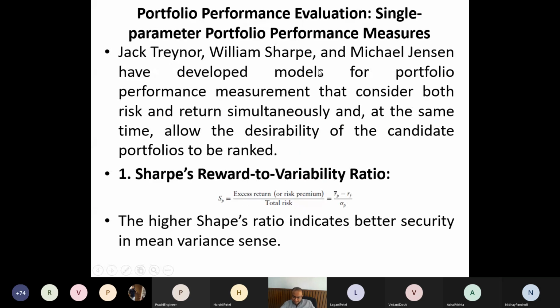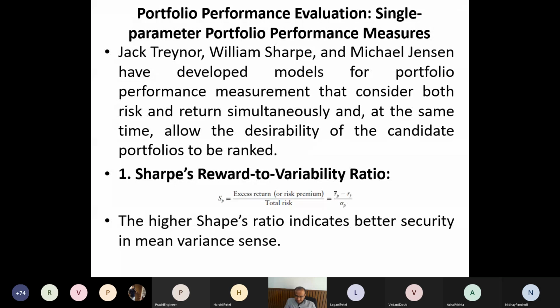There are three parameters mainly used in the financial world, proposed by Jack Treynor, William Sharpe, and Michael Jensen. These are very old research, but still used in the current financial world, and in fact also in some other domains. They are called portfolio performance measurement parameters, and they consider both risk and return simultaneously.